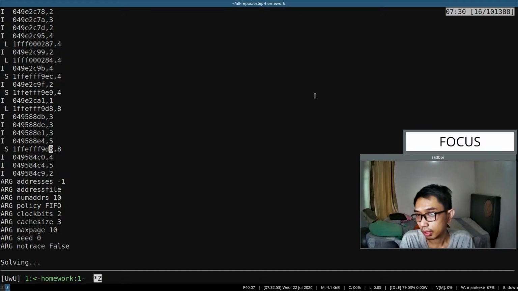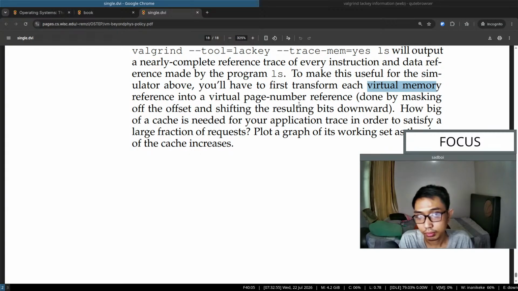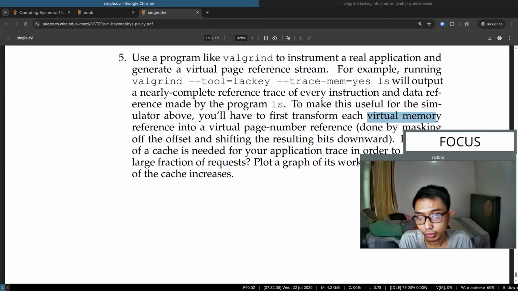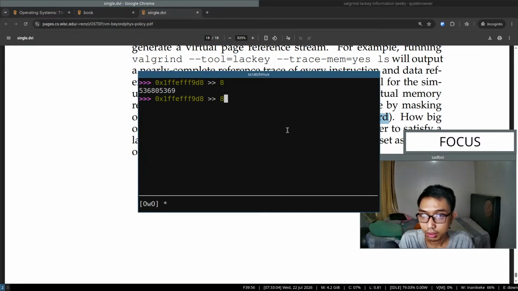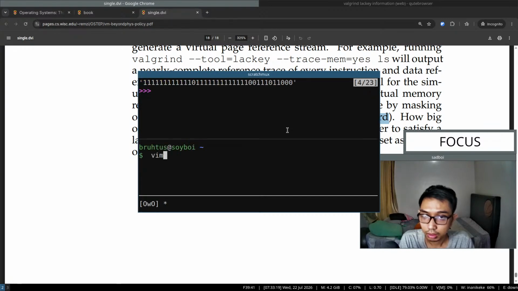I don't think it is 8. Yeah, we need to shift the resulting bits down. You know what? Let me check something like this maybe. Okay, how many is this? How many bytes? 37?